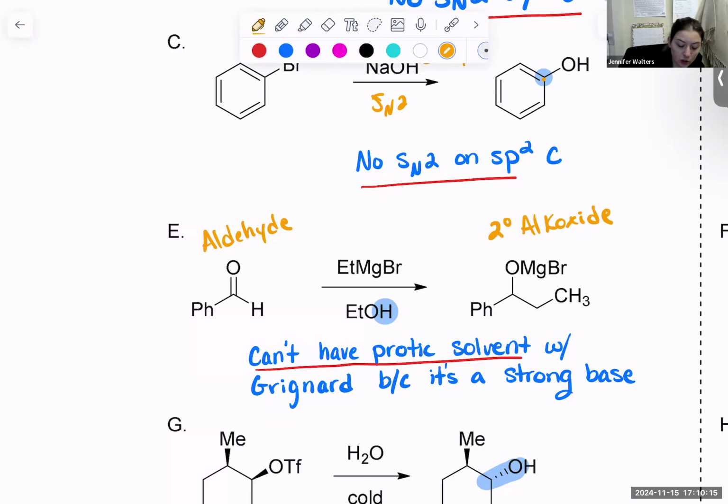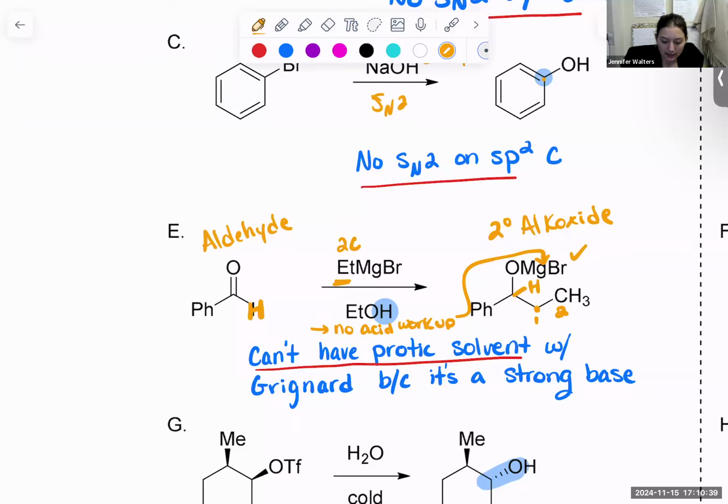So the fact that I don't have an acid workup means that it is correct to still have the magnesium bromide attached to the oxygen. The Et, that ethyl, that 2-carbon chain, is being added here. There's my 2-carbon chain.